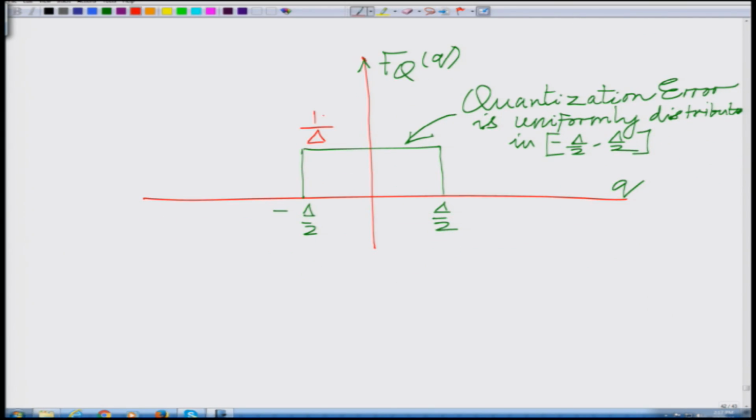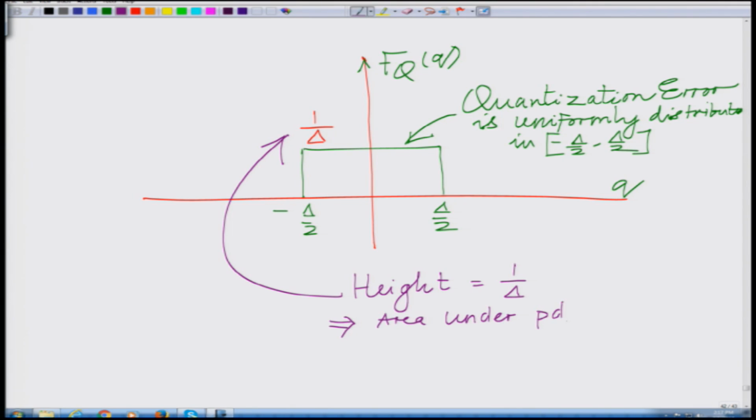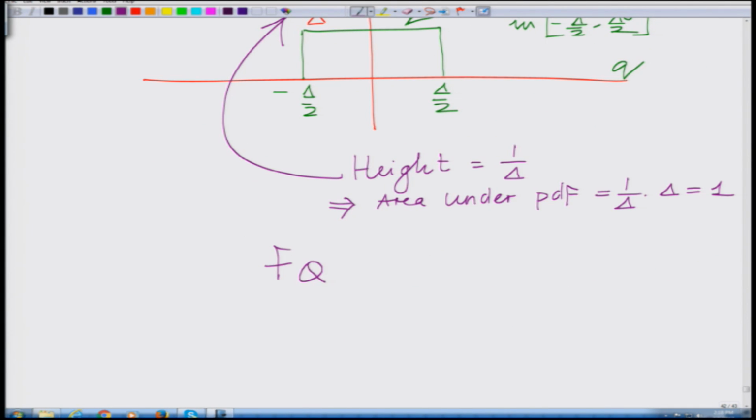If you look at the area under this curve, the height is 1 over delta, so the area under the PDF, that is the total probability, equals 1 over delta into delta, equals 1, which is the property that a PDF satisfies. And f of q equals 1 by delta for magnitude of q less than or equal to delta by 2, and 0 otherwise.